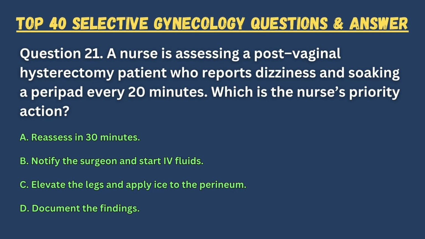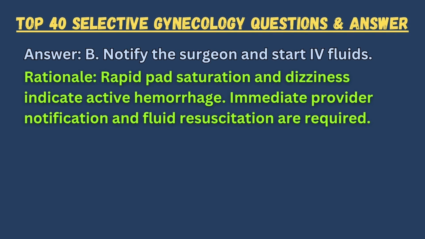C. Elevate the legs and apply ice to the perineum. D. Document the findings. Answer: B. Notify the surgeon and start IV fluids. Rationale: Rapid pad saturation and dizziness indicate active hemorrhage. Immediate provider notification and fluid resuscitation are required.